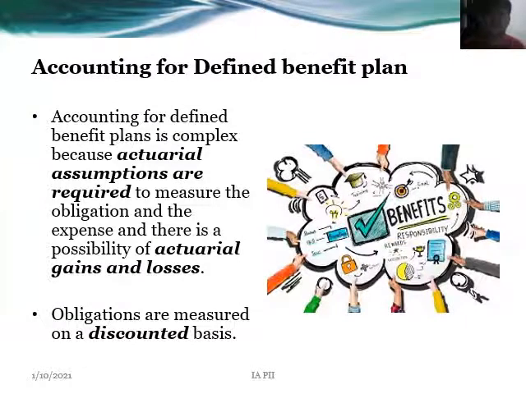The accounting for defined benefit plan is a bit complicated because of the presence of actuarial assumption required to measure obligation and the expense, and there is a possibility of actual gains and losses. So you have to compute the time value of money.